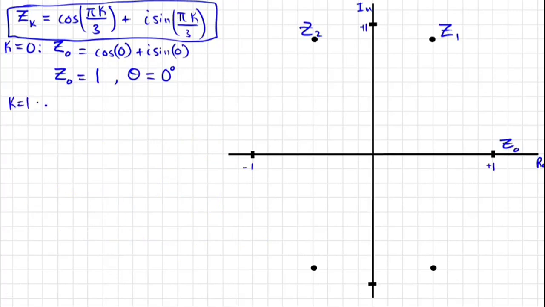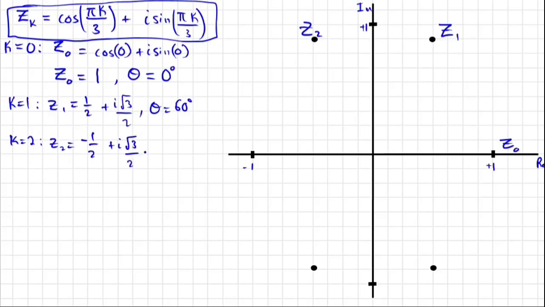When k is 1, the complex number z1 is half plus I root 3 over 2, where theta is 60 degrees. When k is 2, z2 is the complex number negative half plus I root 3 over 2, for theta being at 120. Remember, to find the 120, you just have to find the argument.